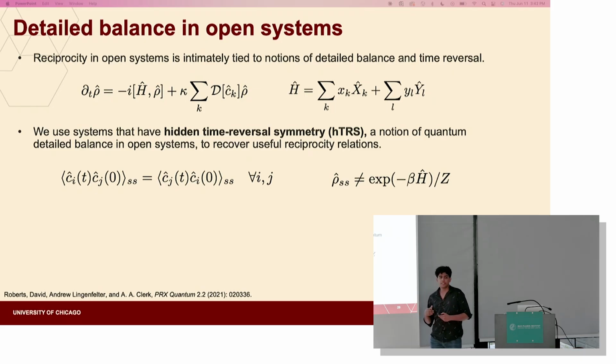And we identify a class of systems which have what we call hidden time reversal symmetry, which is a notion of detail balance in open systems that gives you a two-time correlator symmetry between the jump operators. The details of HTRS are a whole 20-minute talk in itself, so I'll just overview it very briefly, and then we can chat more about it afterwards.